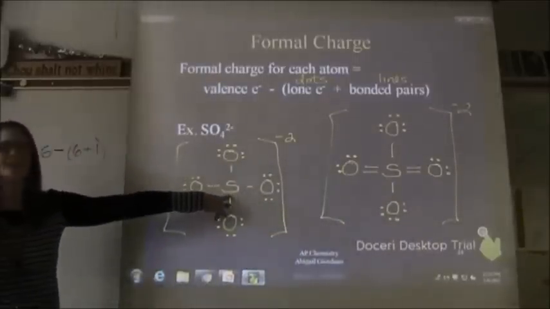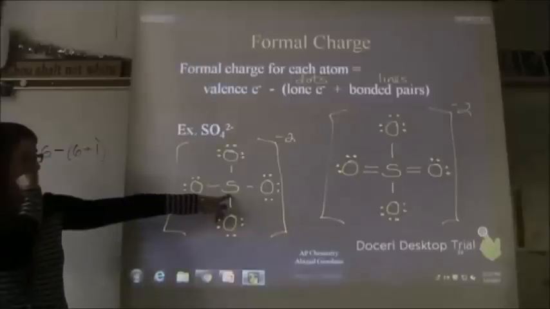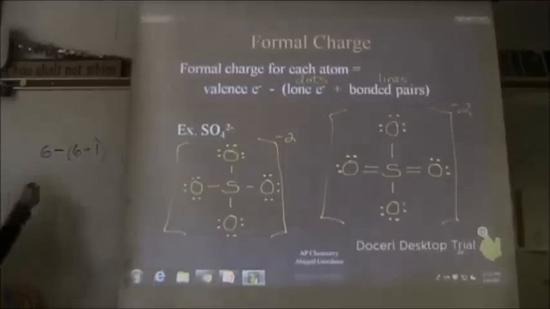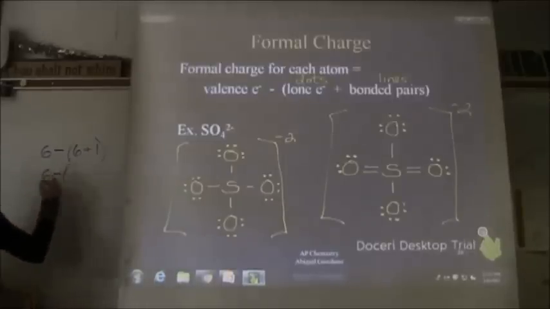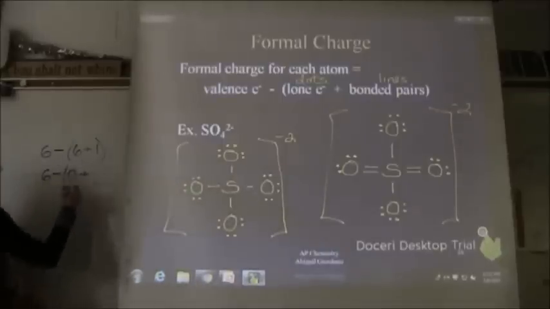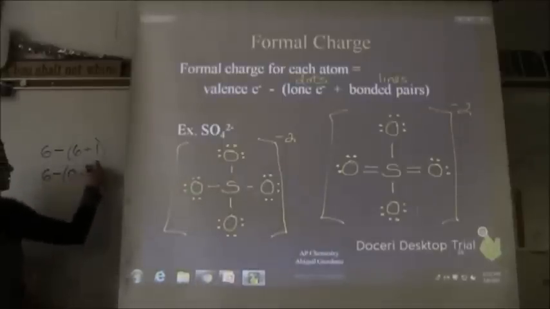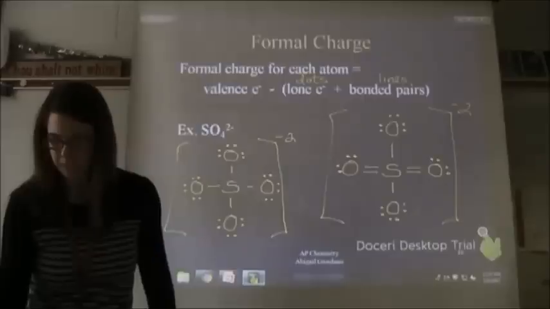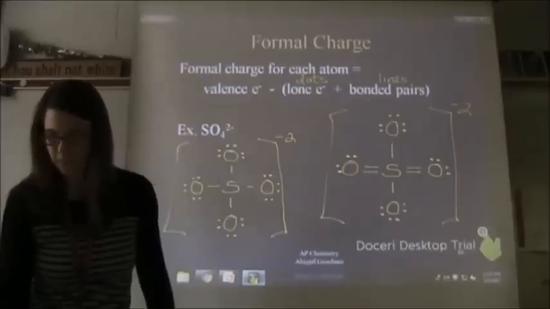Let's come back to this sulfur. How many valence electrons does sulfur have? 6. How many lone electrons are around that sulfur? 0. Plus how many lines? 6 minus 4. Okay.